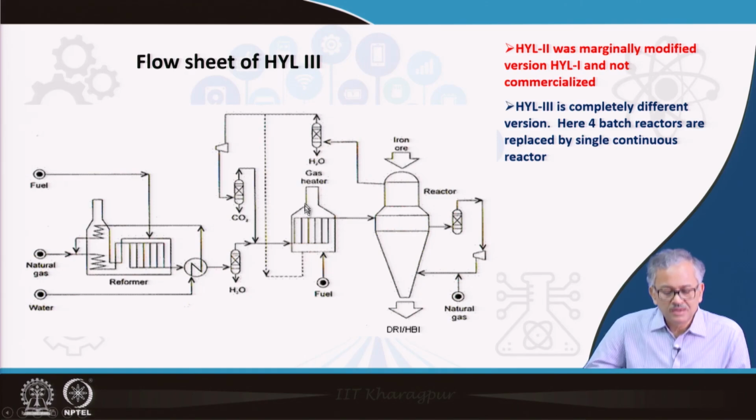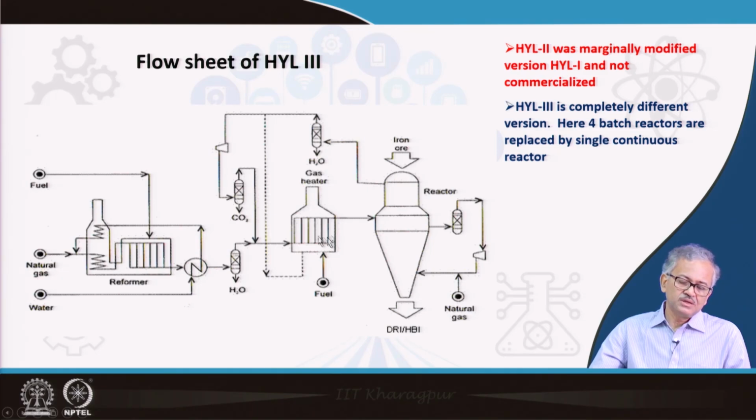So complete heat utilization you do, and after that your reform gas comes out, and you condense the gas to take out the moisture. Okay, and then the dry gas comes to the reducing gas preheater. This is the reducing gas or the reform gas preheater.